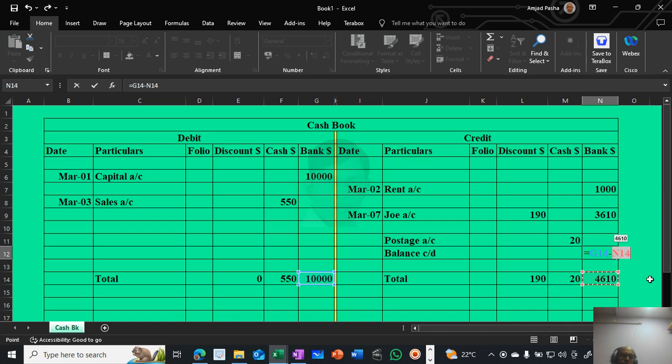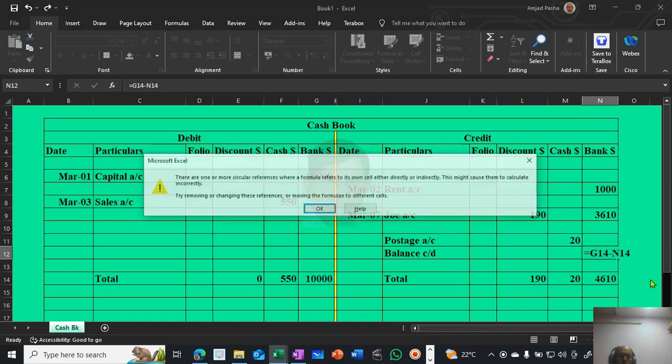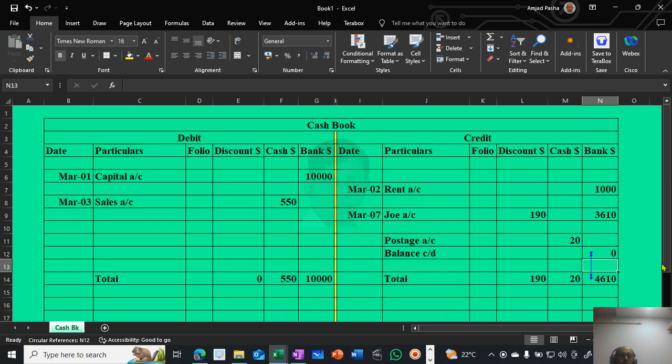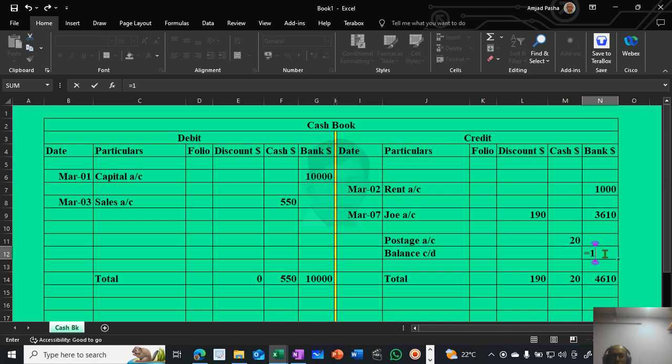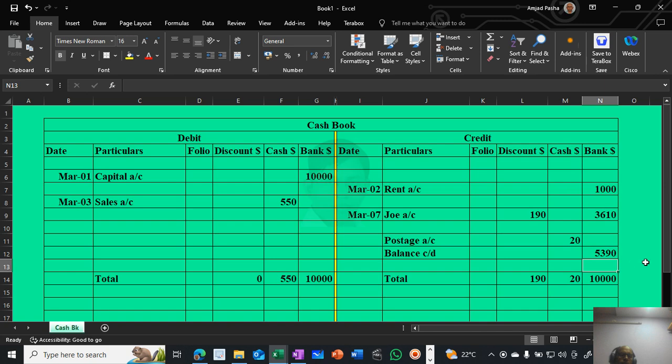Whatever comes, that you have to write. So it is equal to 10,000 minus 4610. So 5390. See, when you put this value, both will become equal.